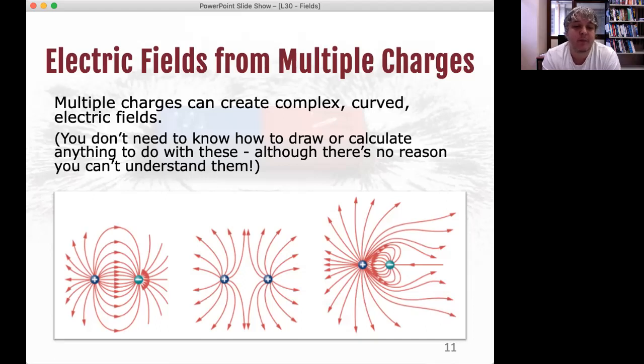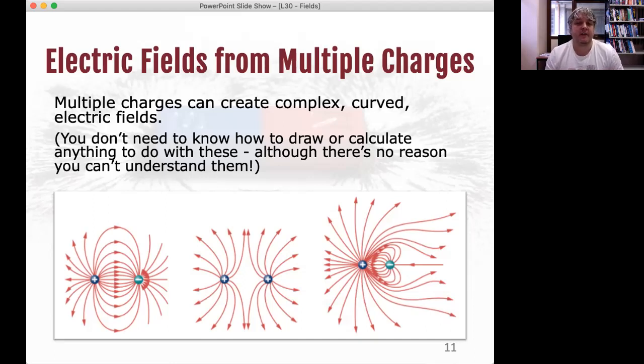But we've still got heaps more coming off the positive that are going off elsewhere into space and not ending up at this negative particle. So even though we haven't counted the lines, you can tell that the positive charge is giving off more field lines than the negative charge is receiving. So the positive charge must be greater in magnitude than the negative charge.